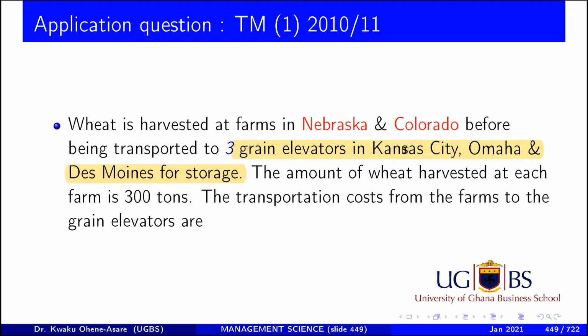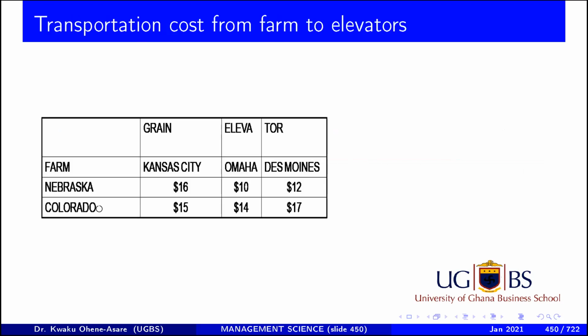They were actually transshipment nodes, because the actual supply were Nebraska and Colorado. That's what this is saying. And the transportation costs from Nebraska and Colorado to Kansas City, Omaha, and Des Moines are the ones that you are seeing right here.